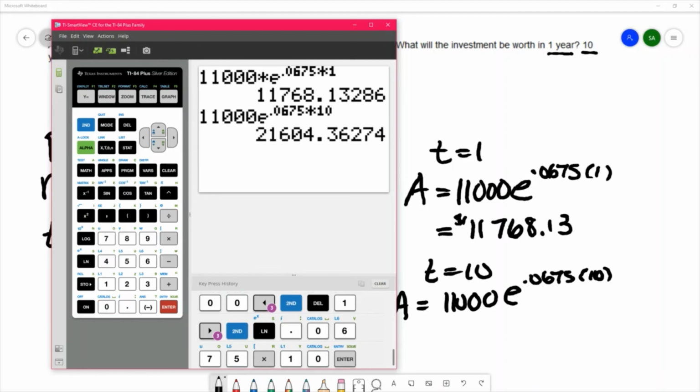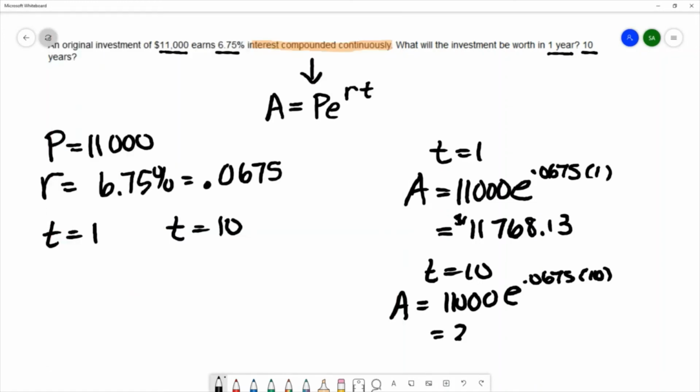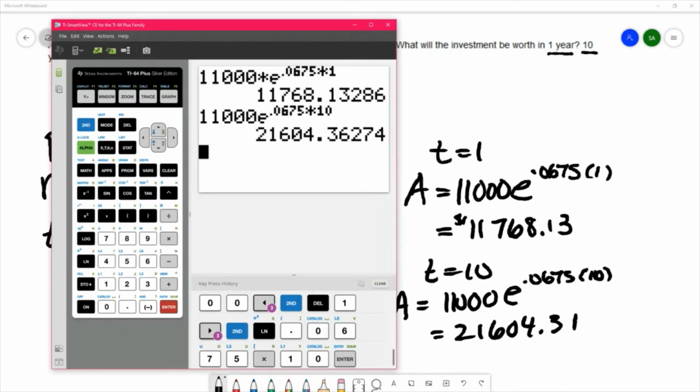And after 10 years, the $11,000 would grow to be $21,604.36.